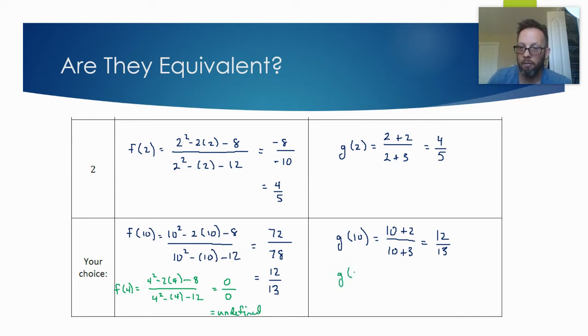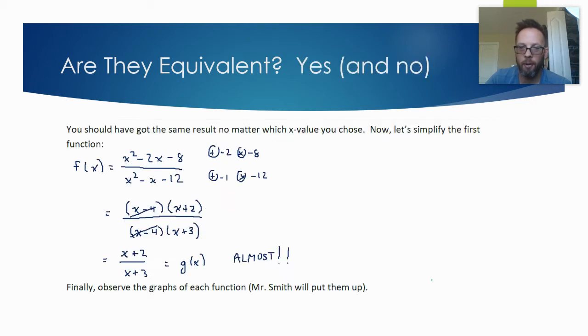However, g(4), when you plug in that one, you get (4 + 2)/(4 + 3), and you get 6 over 7. They're not equivalent when x is equal to 4. That's the one value that makes them not equivalent. Why x equals 4? Well, think back when we were simplifying, guys.